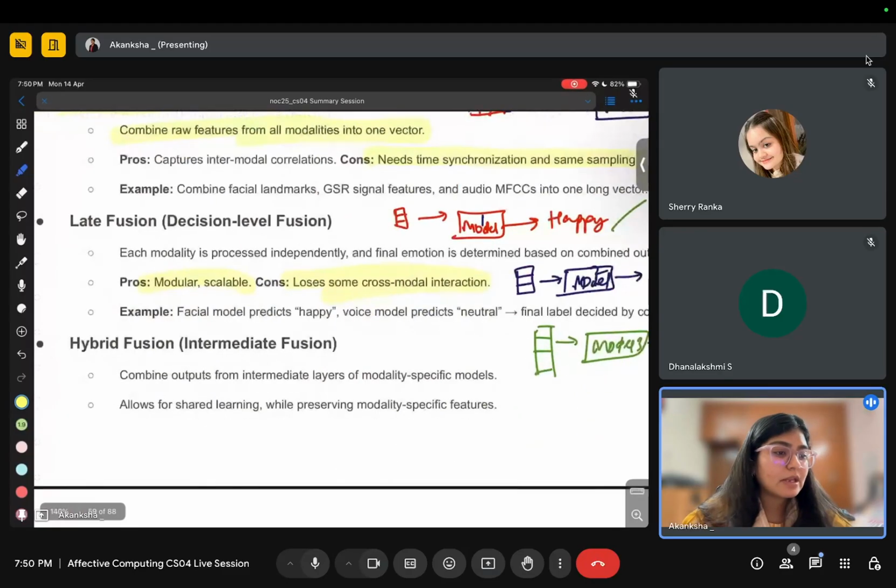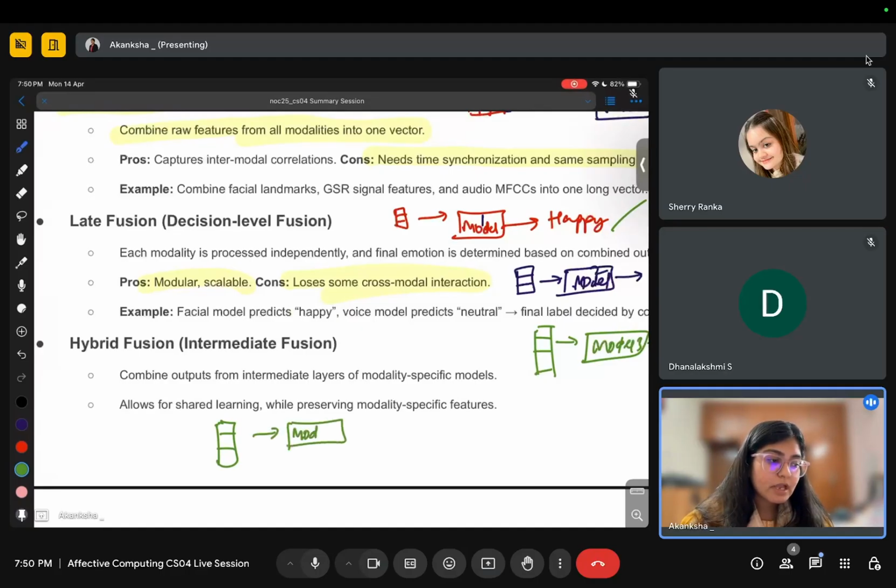In hybrid fusion, initially we start with different models. So this is model 1, and after processing it is something like this. Similarly for the second one it is model 2, and then some intermediate representations look like this.